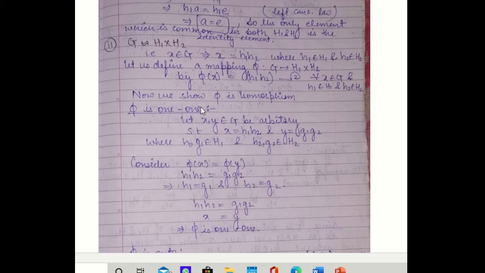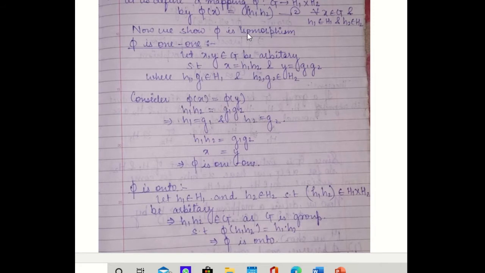If we are able to do this, then easily we have the theorem that G is isomorphic to H1 cross H2. So to prove this as an isomorphism, first of all, we have to show phi is 1-1. So for that, let x and y be any arbitrary elements of G, such that x is equal to h1 h2 and y is equal to g1 g2.